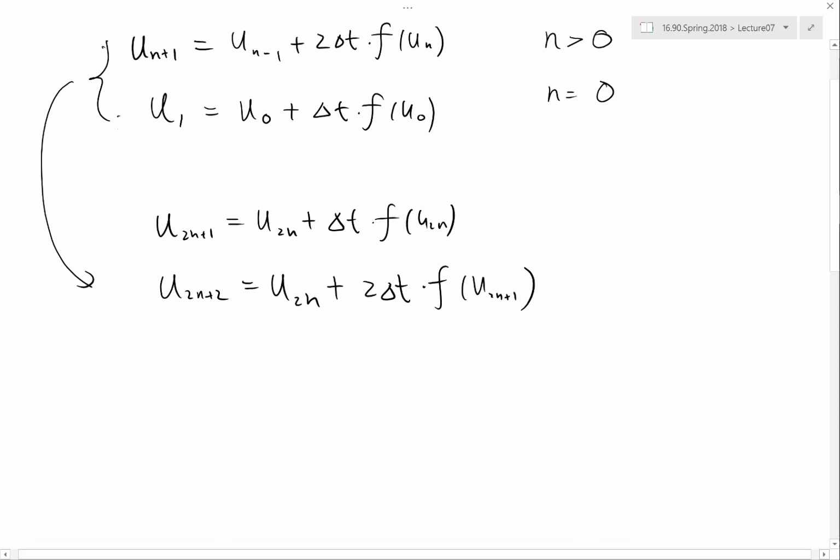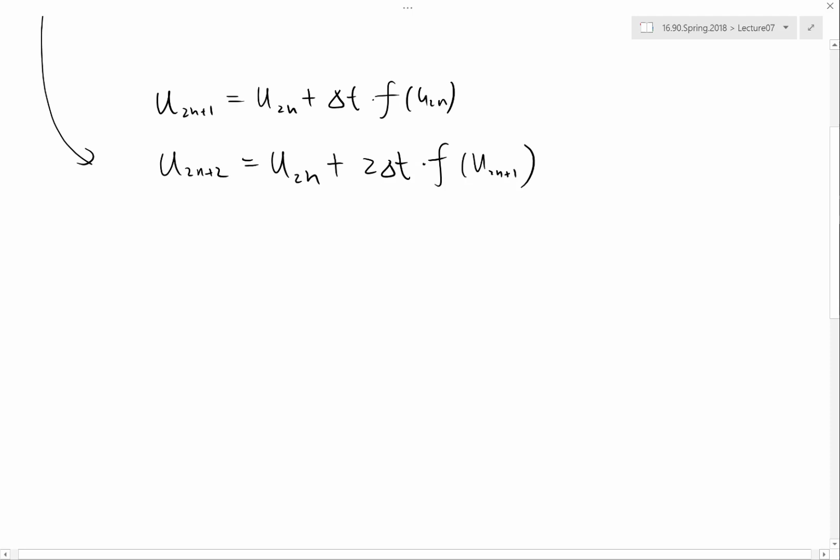So if you do Taylor series analysis, let's see what we get. If we perform these two schemes, we can compute, okay, so what is u of 2n plus 2 minus u of 2n? If you take the difference, we'll get 2 delta t times f of u_{2n+1}, right?